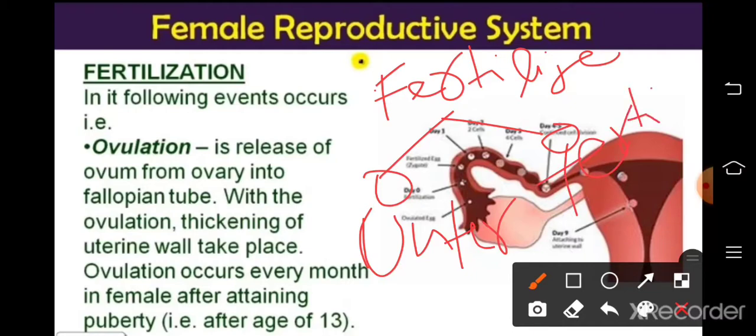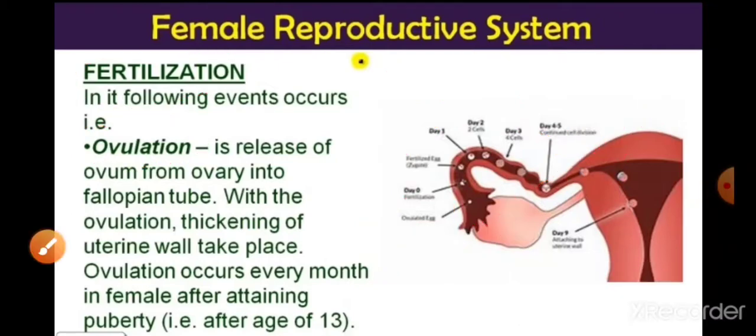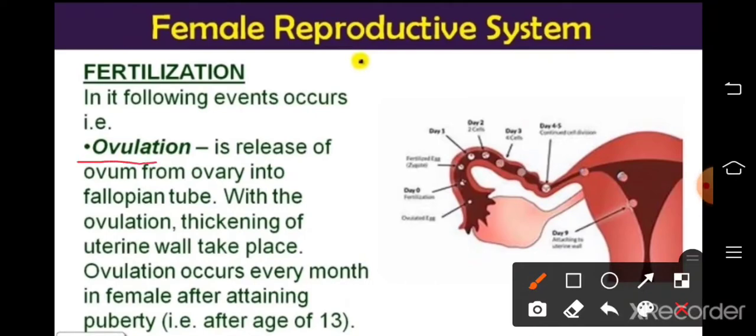First of all, we read about ovulation. What is ovulation? We will read it in detail. Ovulation is the release of the ovum from the ovary into the fallopian tube.